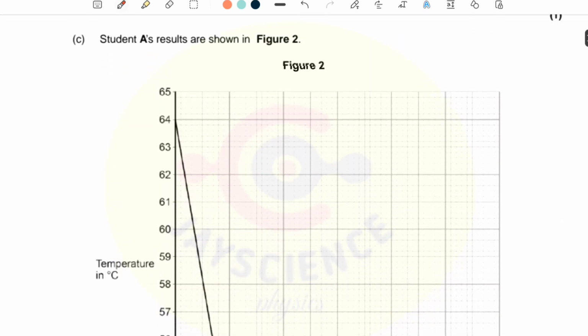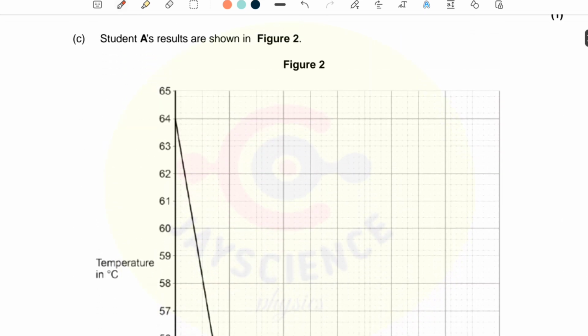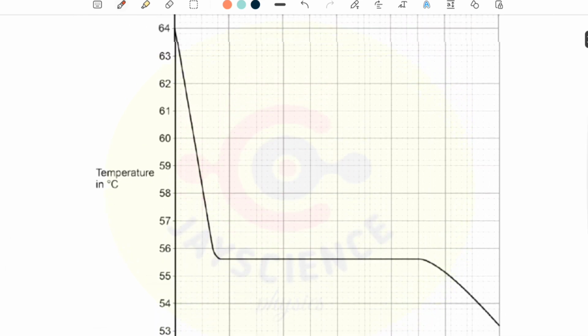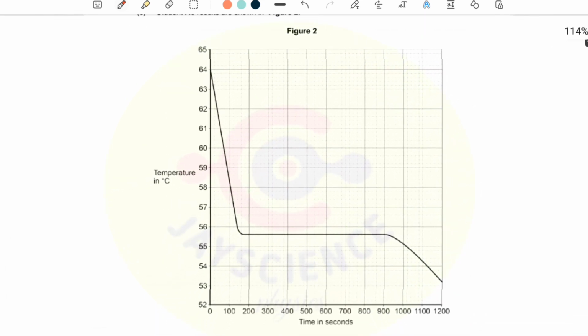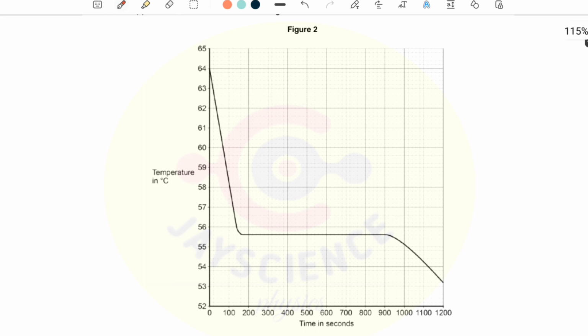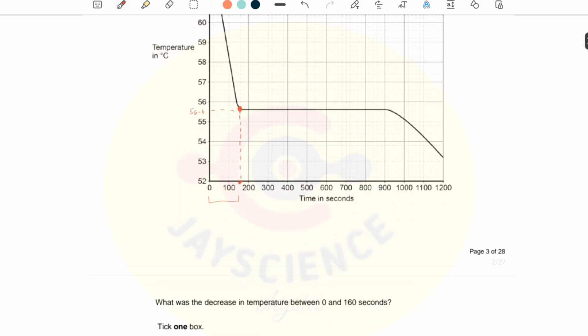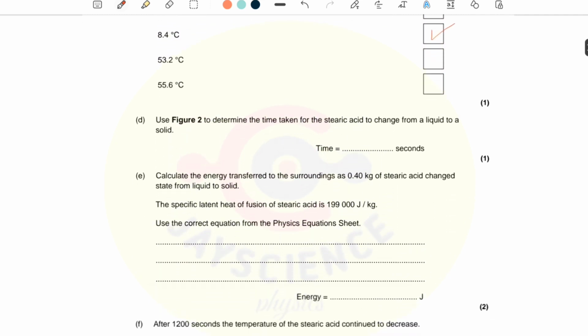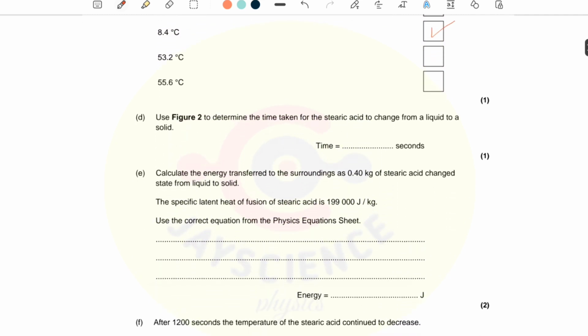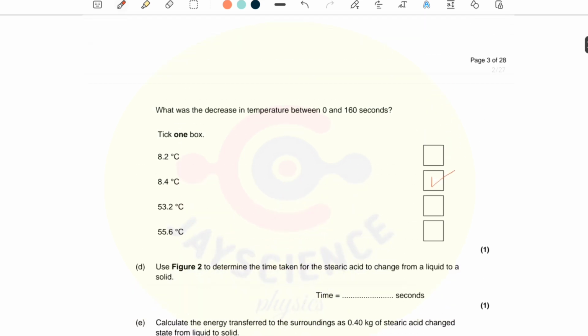And then student A's results are shown in figure 2. I have figure 2 right here. Let me just make it smaller so you can see the whole thing. So you have 64 minus 55.6. Alright, that should give you 8.4. Use figure 2 to determine the time taken for the stearic acid to change from a liquid to a solid.